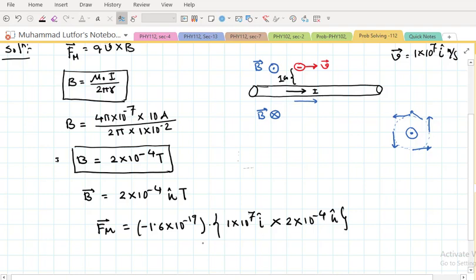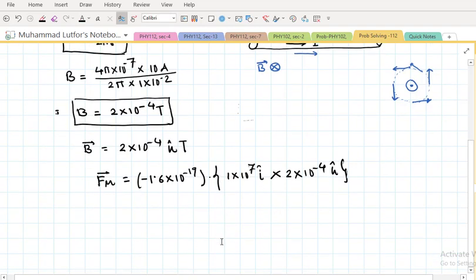If you do that, you will find the force is going to be minus 3.2 into 10 to the minus 16 into i cross k.